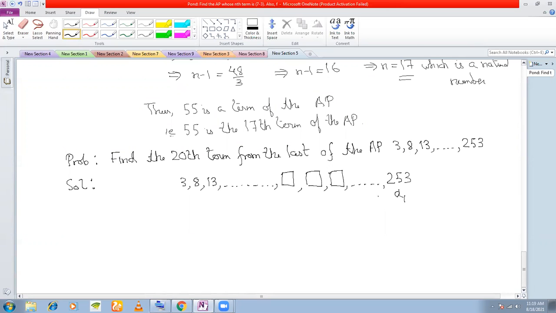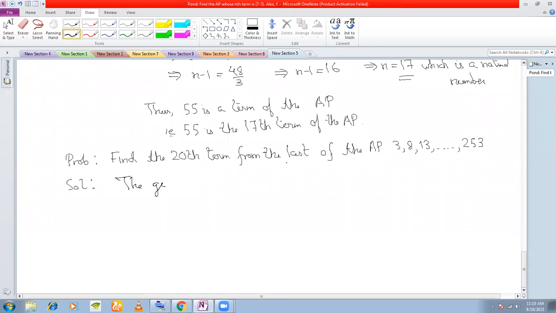This should be your first term, this should be the second term, and you come till the 20th term. That is, we are considering the AP in the reverse order, right? So if we are to find out the 20th term from the last, we write the given AP in the reverse order.